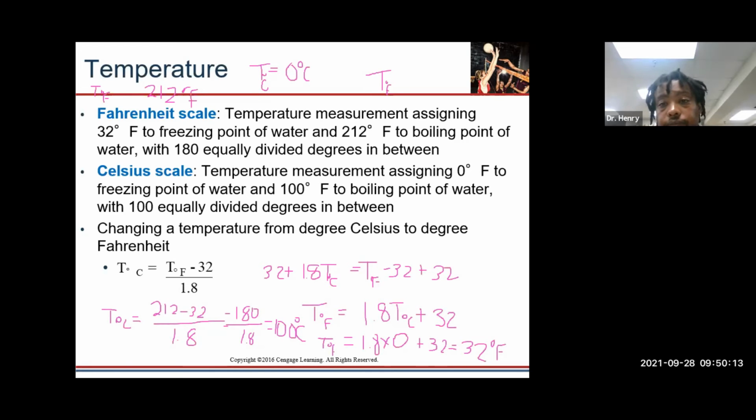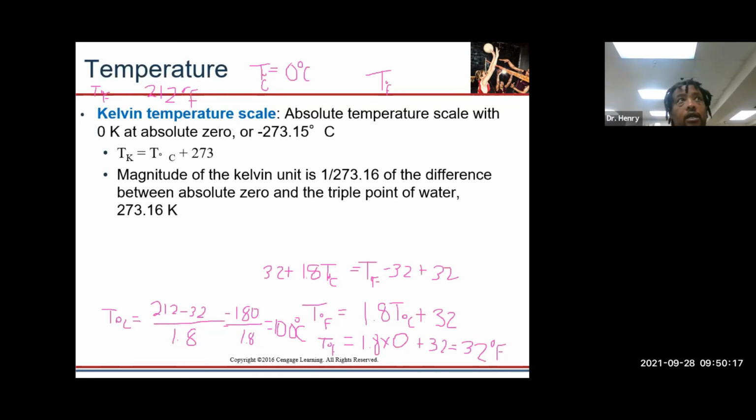So let's talk about Kelvin. That's the one that you're going to be responsible for. So the conversion factor for temperature in Kelvin is TC plus 273, and it actually should be 0.15. They did a little bit of rounding there. Absolute zero is negative 273.15 degrees Celsius.